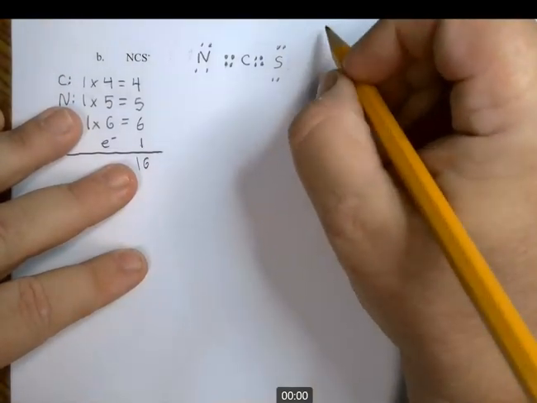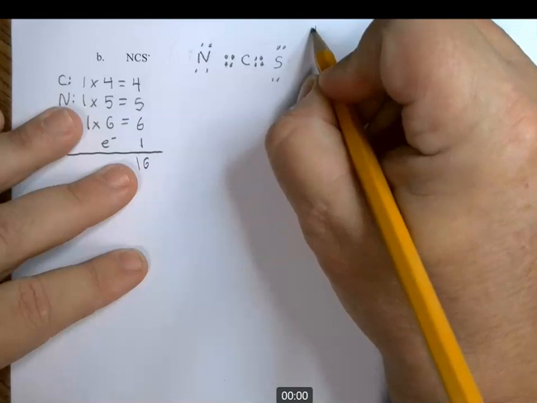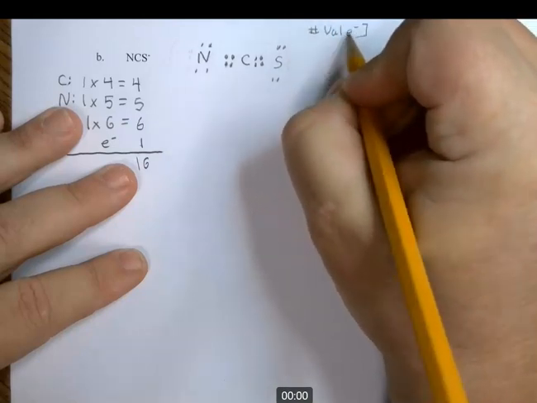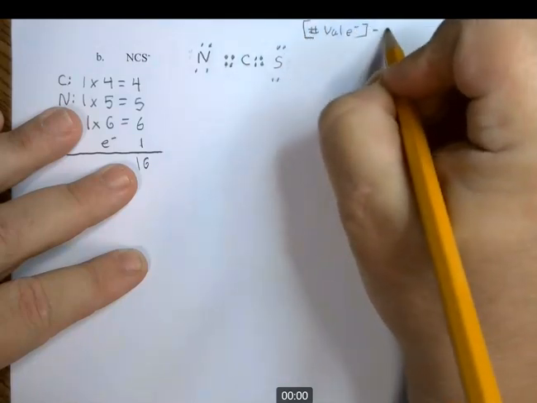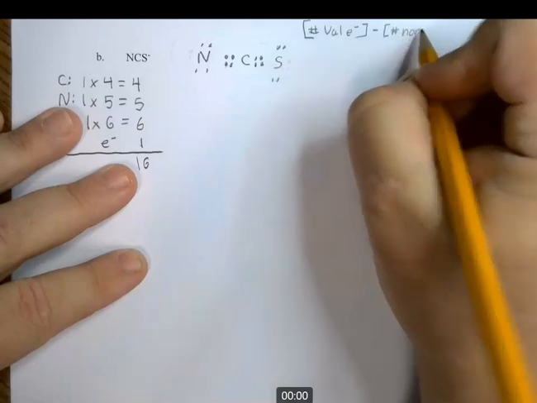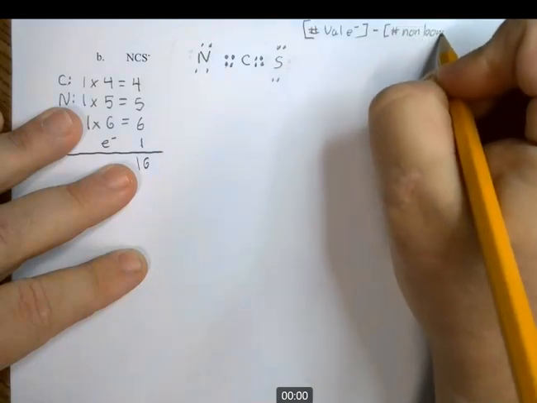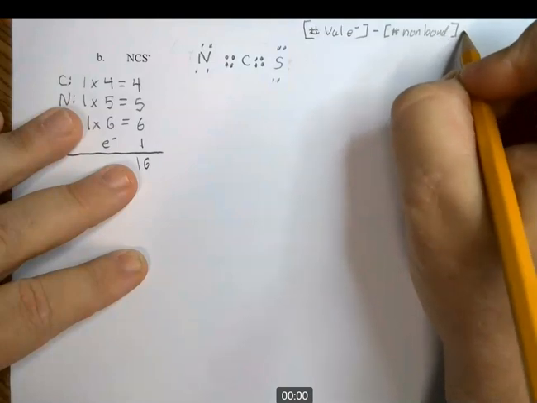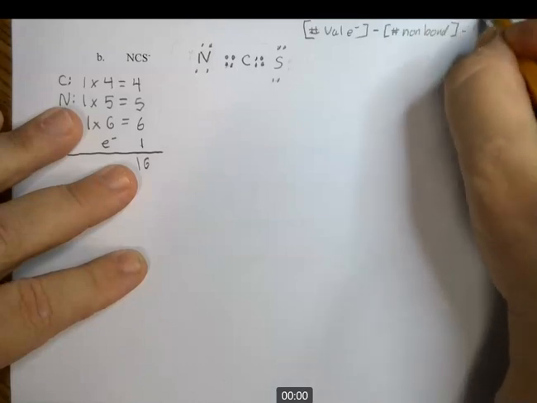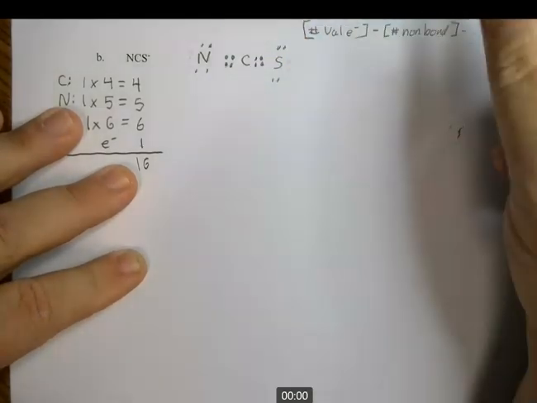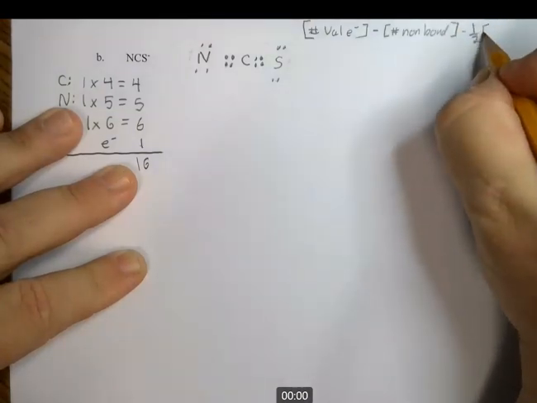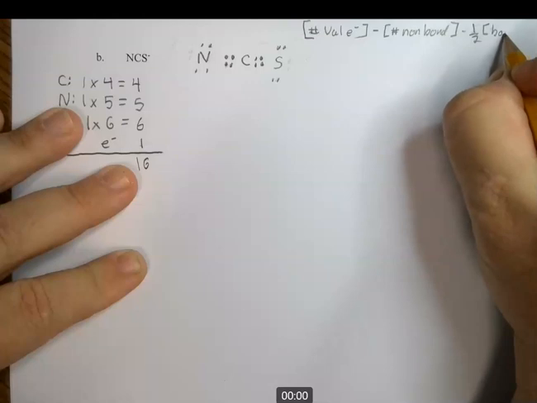And so the formula, again, is number of valence electrons minus number of non-bonding electrons minus 1/2 number of bonding electrons, those that are in between two elements.